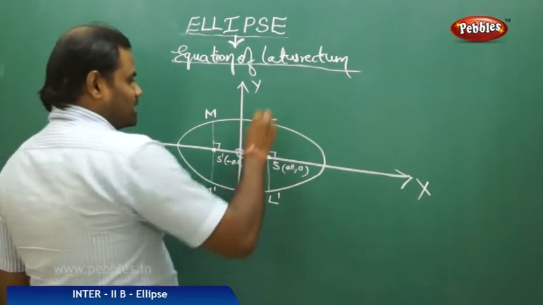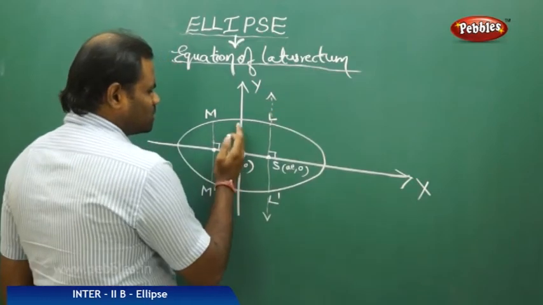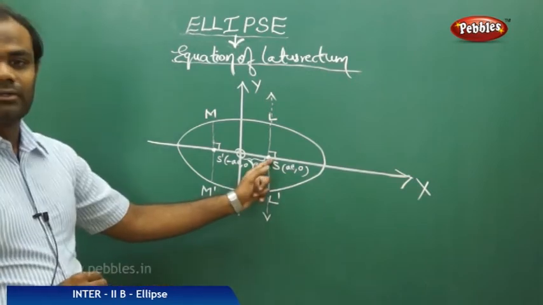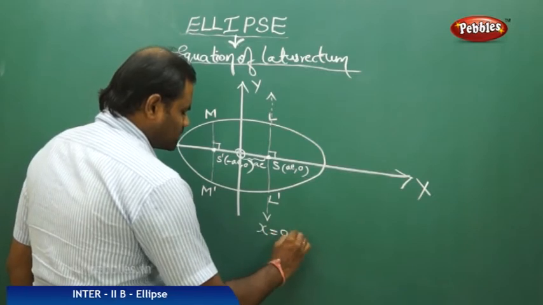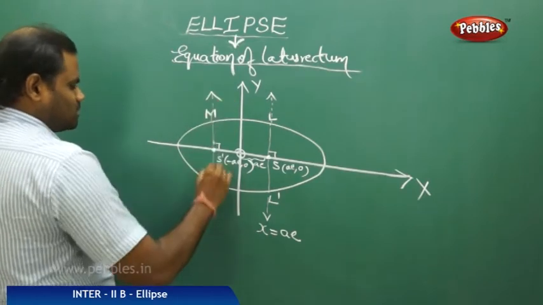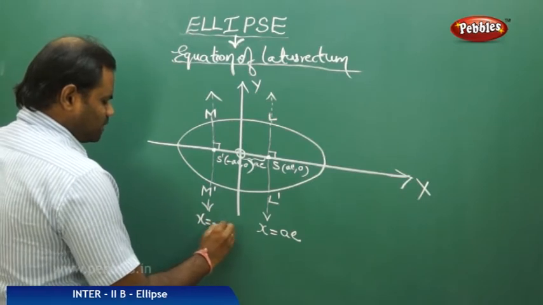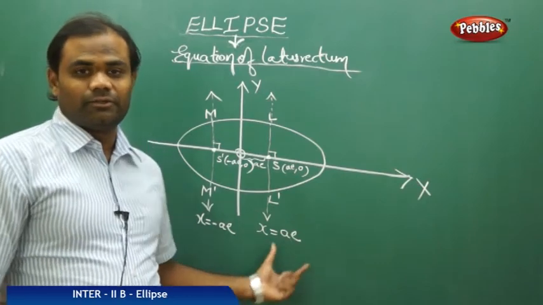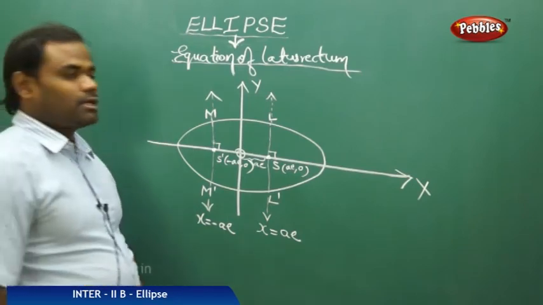As I clearly see here, this is a line which is parallel to the y-axis and at a distance of ae units from the origin. Therefore, this is a line parallel to the y-axis. The equation of this latus rectum is x equals ae, and the equation of this latus rectum is x equals minus ae. So for the two latera recta which we see, the equations are x equal to ae and x equal to minus ae.